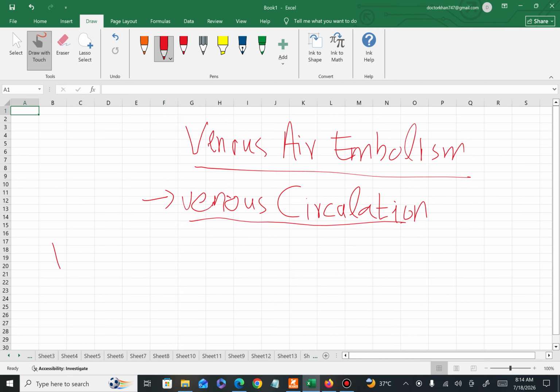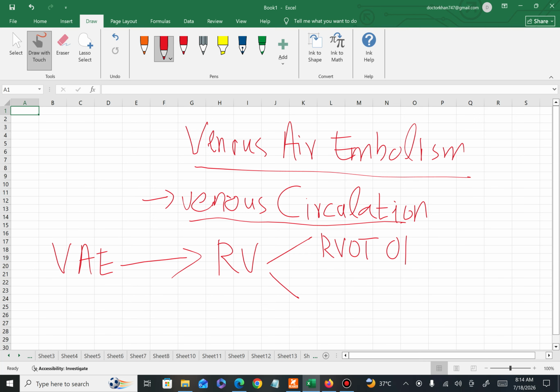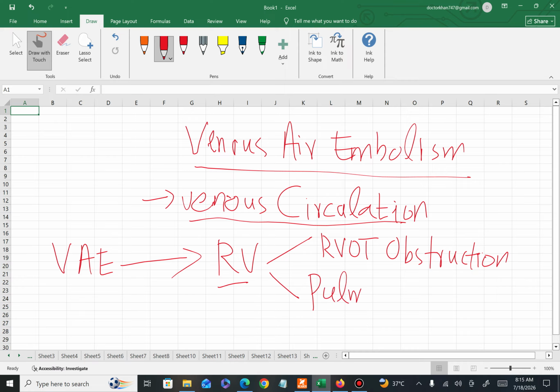And what happens is that the venous air embolism travels to the right ventricle through venous circulation. In the right ventricle it does two things. It can cause right ventricular outflow tract obstruction, or it can travel from the right ventricle to the pulmonary circulation to obstruct the pulmonary blood flow.